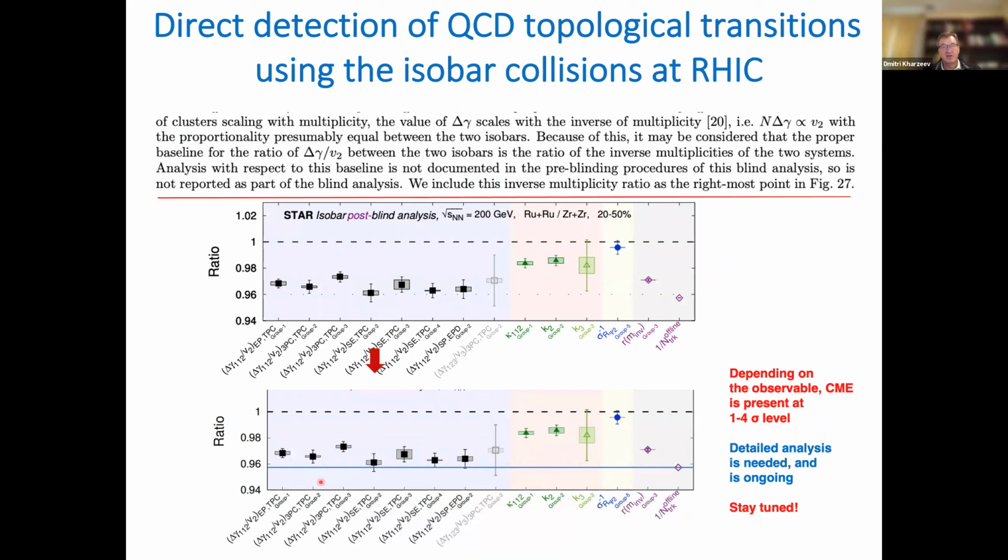Okay, so there are different working groups within STAR, which used different methods for measuring these gamma correlators. And the strongest 4 sigma point comes from a very sophisticated method of using sub-events and so on.